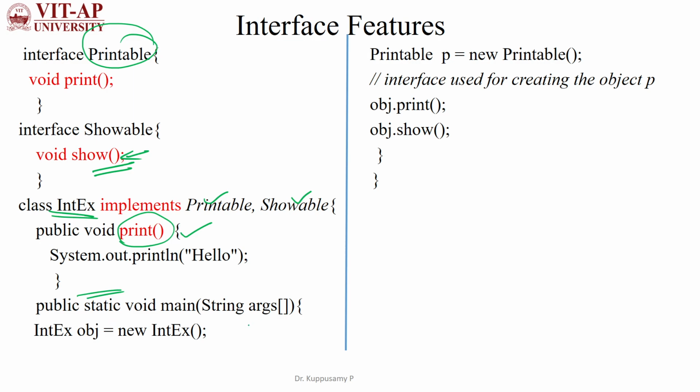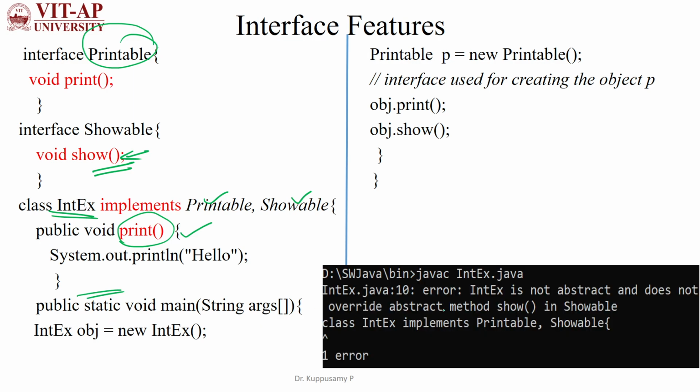Then immediately your compiler will throw the error: IntEx is not abstract and does not override the abstract method. This is an abstract method, because whatever method we declare inside the interface is equivalent to an abstract method. So the abstract method show is not implemented.